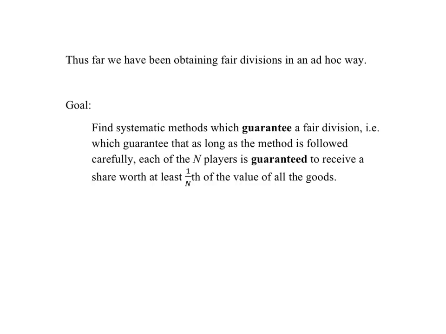So remember how in the voting theory chapter, for example, the instant runoff voting method was guaranteed never to violate the majority criterion. In the previous chapter, we saw how Hamilton's method is guaranteed never to violate the quota rule. Similarly, we want fair division methods that are guaranteed to produce fair divisions, guaranteed to give everyone a fair share.